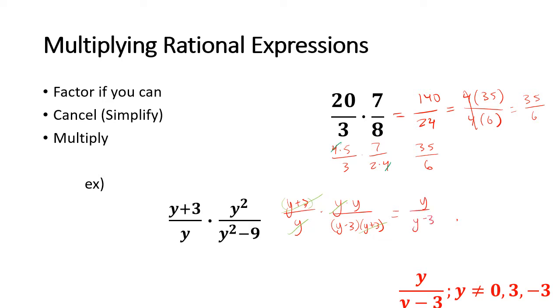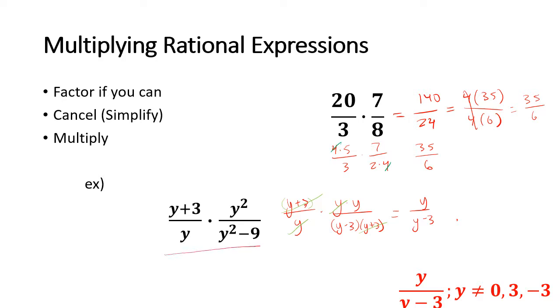Now, something to pay attention to here, and you may or may not need to do this depending on what your teacher says, is that the original expression and the simplified expression after we multiplied, the product, have restrictions. In math, one thing we cannot do is divide by 0, and since we're dealing with rational expressions here, we're going to have denominators, so denominators can't be 0. And we need to look at the original problem here.